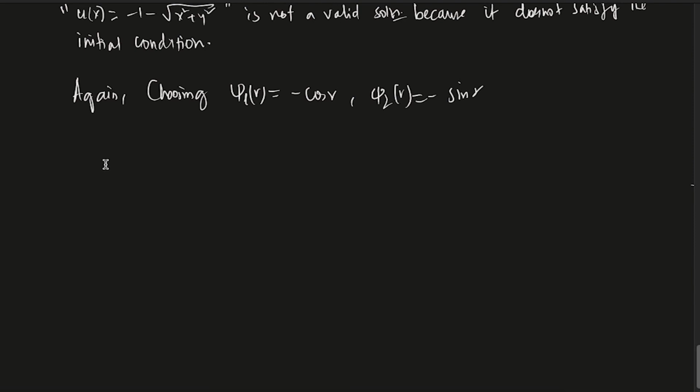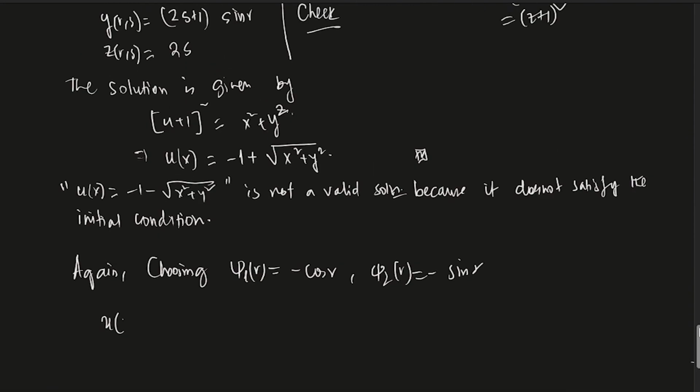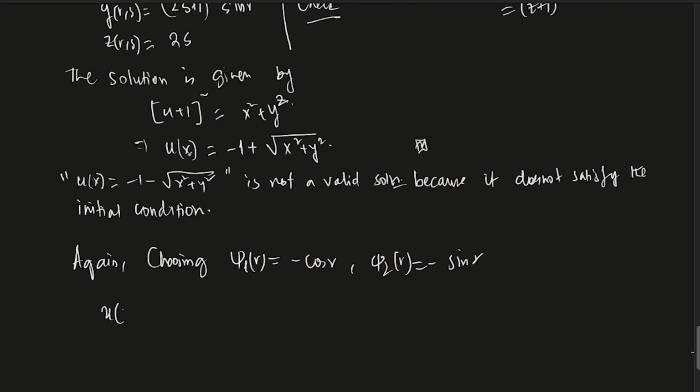I am making some mistakes here: this is u of x comma y, because u is a function of two variables.